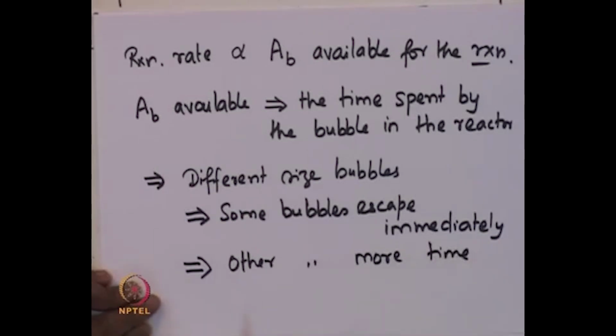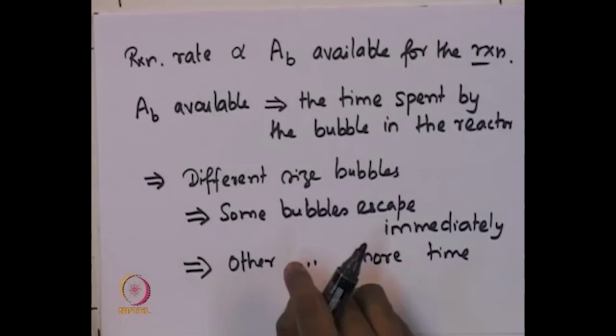Other bubbles may spend more time inside the reactor, and as a result, the amount of species present in the gas phase can get completely consumed, because the bubble is spending sufficient time inside the reactor for all of the reactant to diffuse from the gas phase, reach the gas liquid interface, contact the liquid phase species, and the reaction to occur.